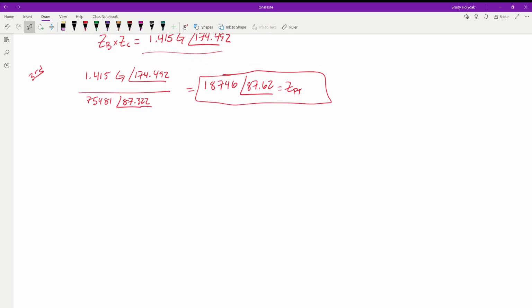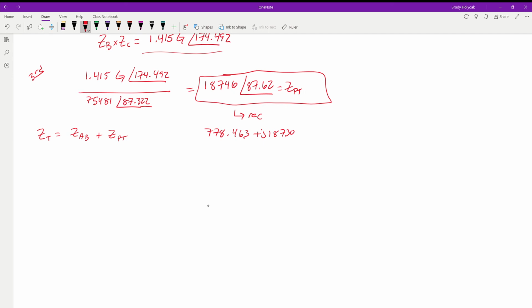So now the last thing we need to do is we need to take our Z total that we need to find. So in this case, it's going to be the Z from A to B plus our impedance for our parallel total. So this guy we're going to have to convert back into rectangular to be able to add them together. So when we do and we convert that guy into rectangular, we get 778.463 plus J of 18,730.